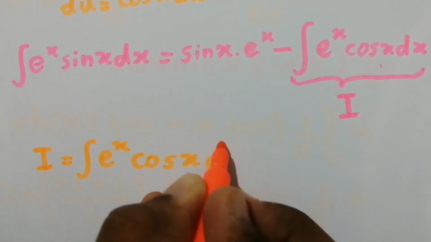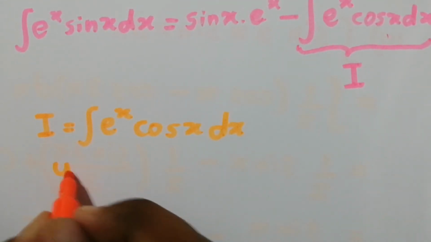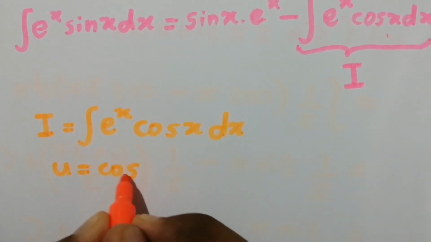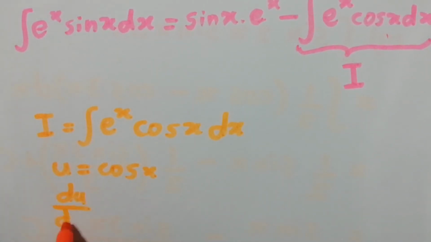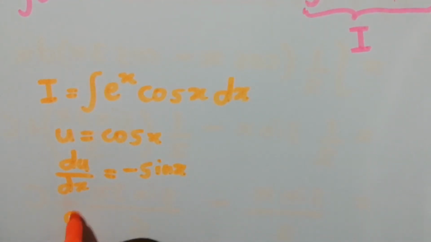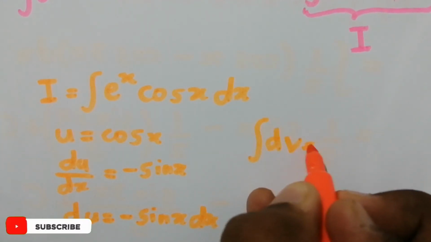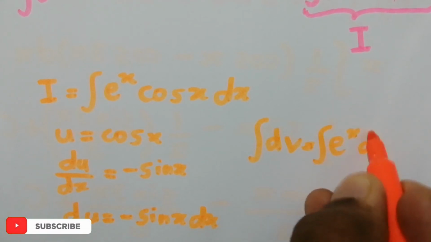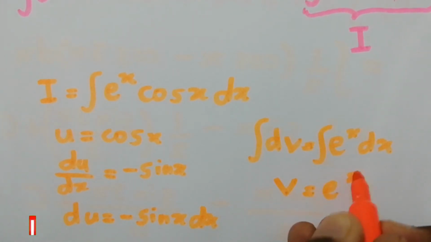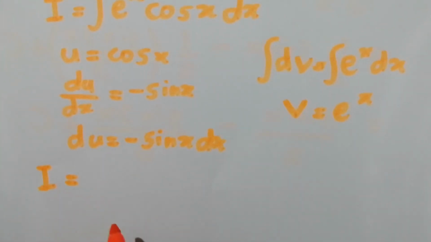e^x cos x dx. Okay. Then similarly now I am going to take u as this part, cos x. Then du upon dx will be minus sin x. Then I can write du equals minus sin x dx. Then the remaining dv will be equal to integral e^x dx and v equals e^x. Now I can write I equals uv minus integral v du.